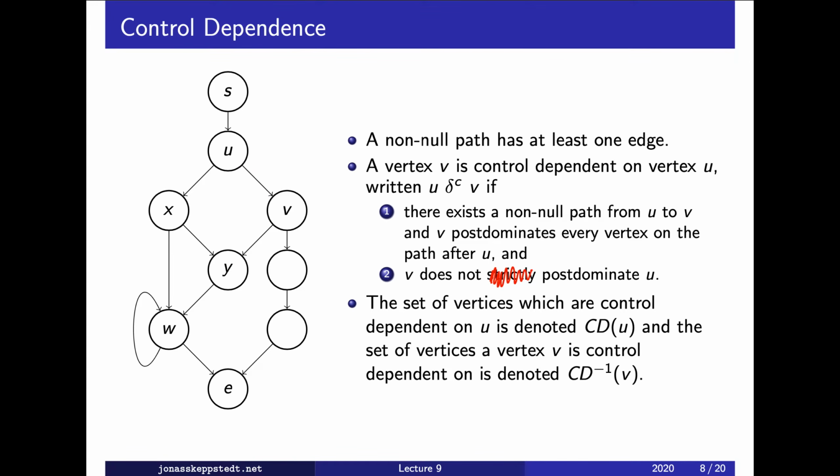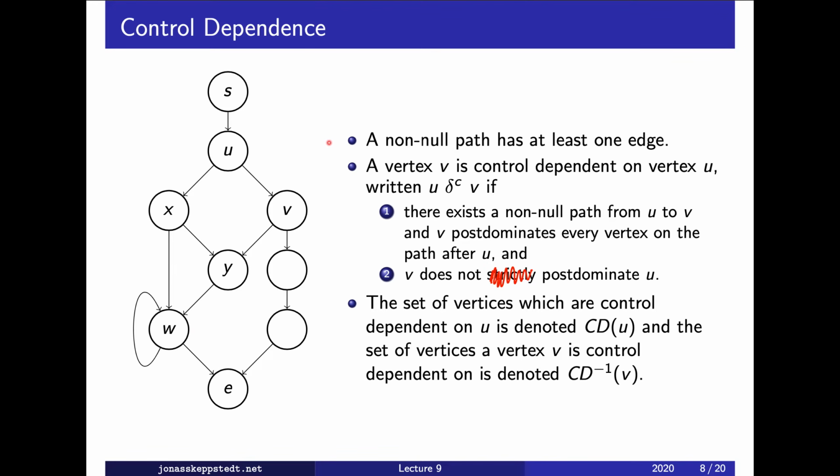So we can skip that one, but if we take W instead, then W does not postdominate U, since there is no way, if we go to this successor from U and then to W, that we will not end up in W. What does that mean?